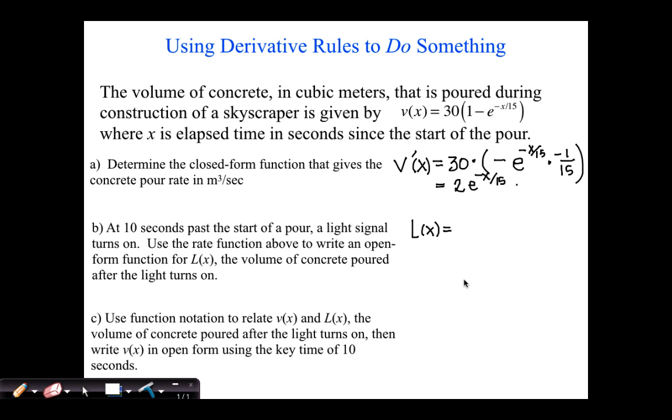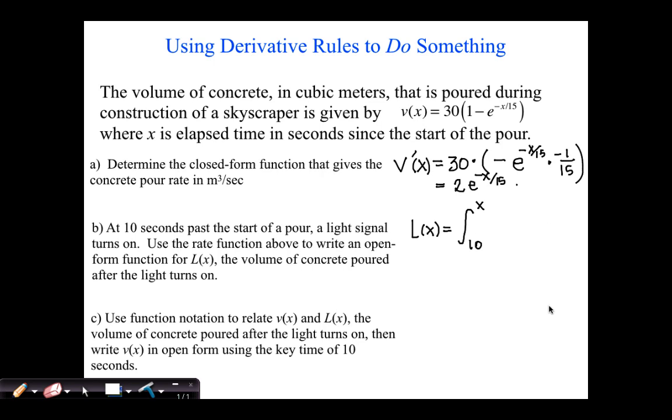How could I use that rate function, v prime of x, to express what happens after 10 seconds? Yeah, integral. So an integral with what limits of integration are we going to have? 10 to x, right. Starting at 10, going through some point in time x beyond that, or actually it would work before that as well.